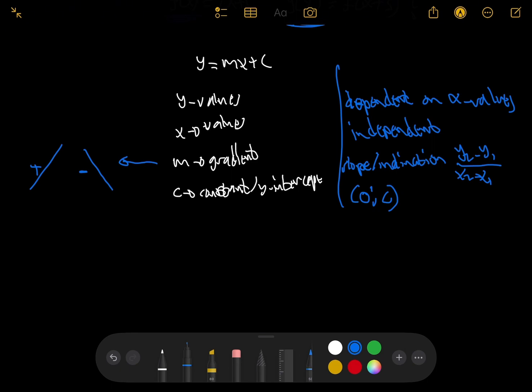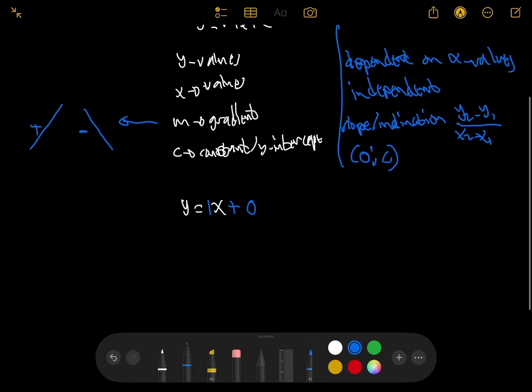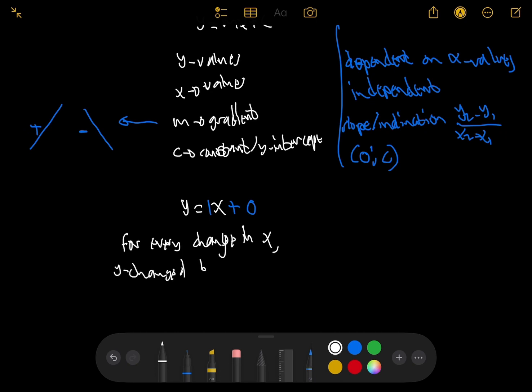So that is your reference, left to right. The most simple graph that we had was y equals x, from which we knew that our gradient was 1 and our constant, the y-intercept, was 0. This meant that for every change in x, y changed by an equivalent value.